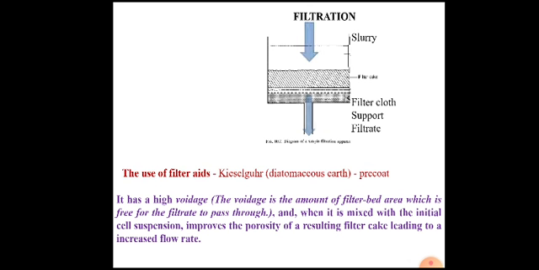It allows the passage of the filtrate, blocking the solid particles. And when it is mixed with the initial cell suspension, as I mentioned earlier, it improves the porosity of the resulting filter cake, leading to increased flow.